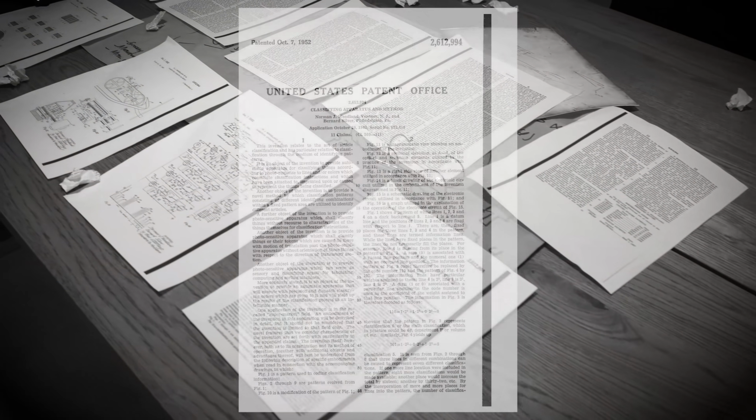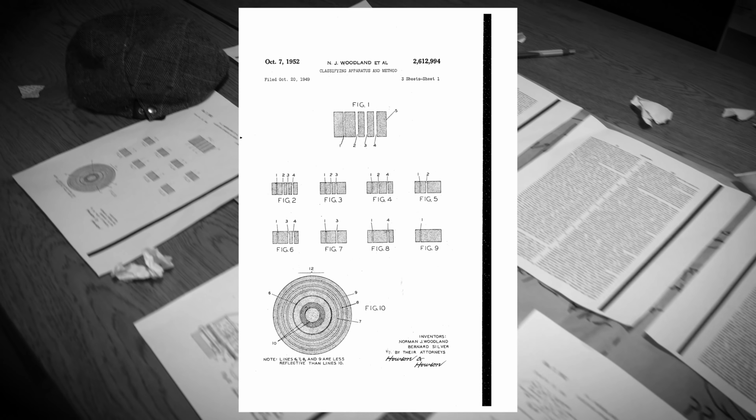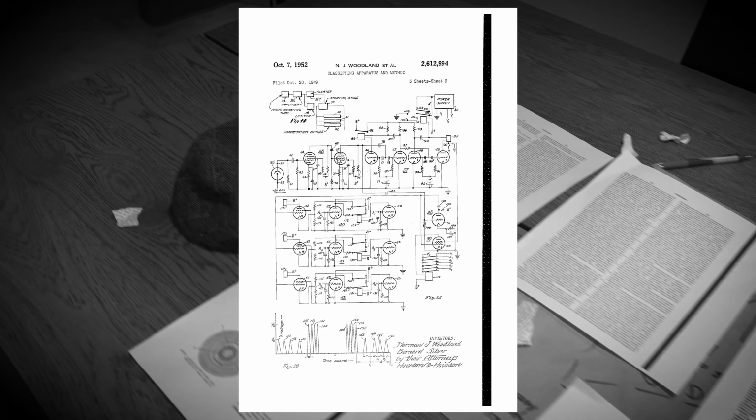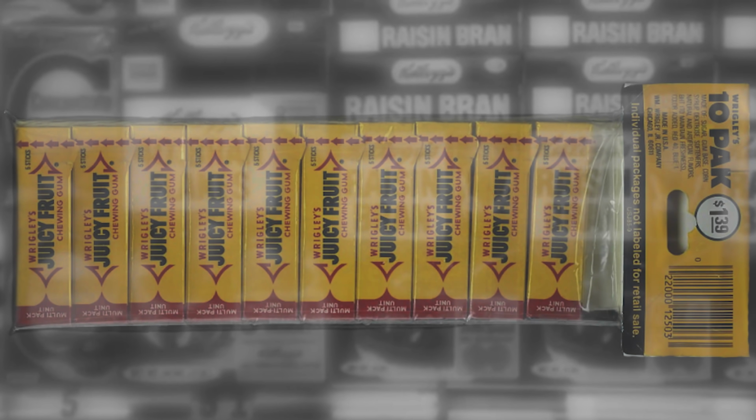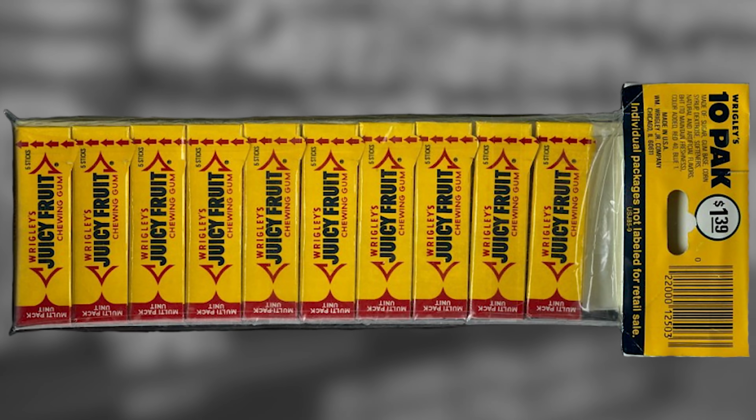Woodland had just figured out the first product barcode. On October 7, 1952, the United States Patent Office granted the first official patent for a barcode to Bernard and Silver. 22 years later, in an Ohio supermarket, the first product in history was scanned, a 10-pack of Wrigley's Juicy Fruit chewing gum.